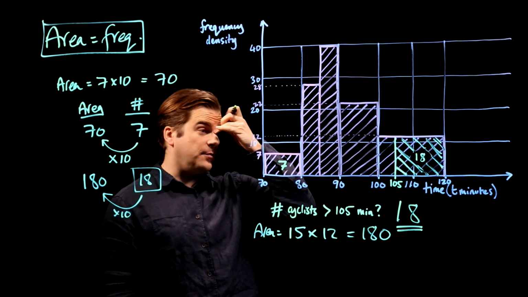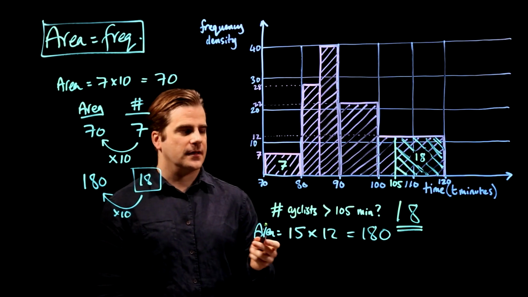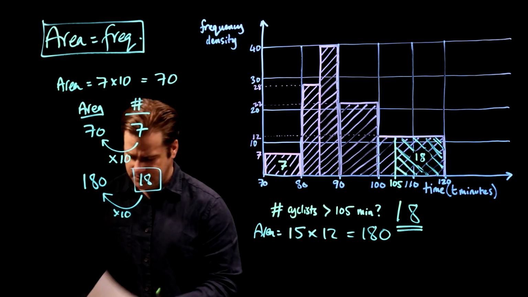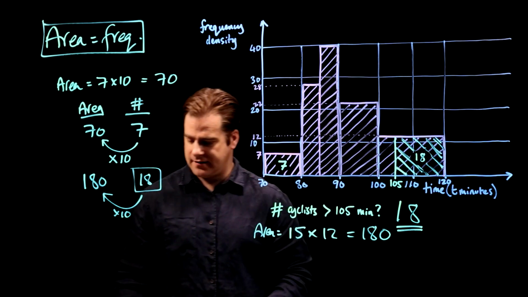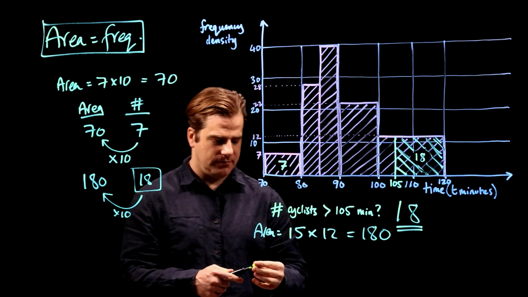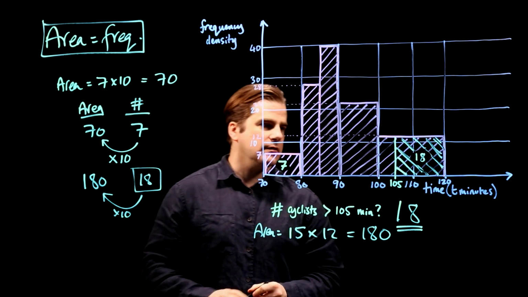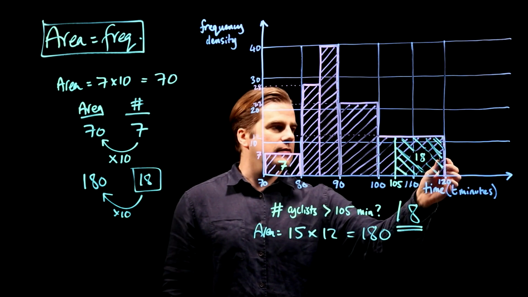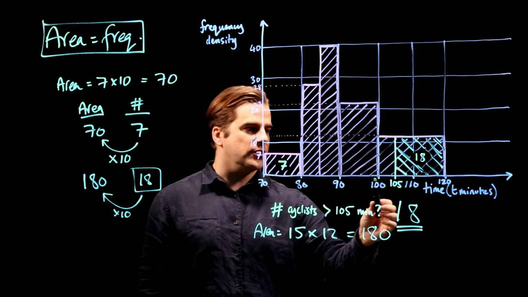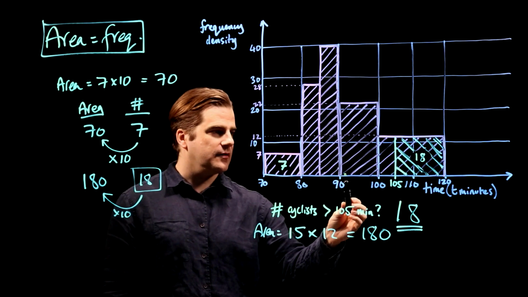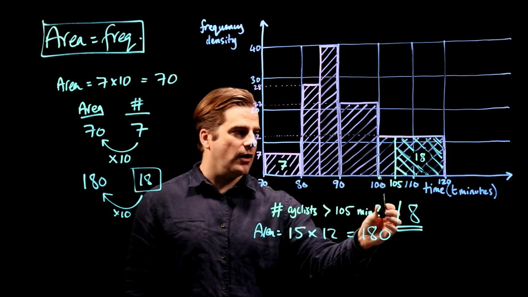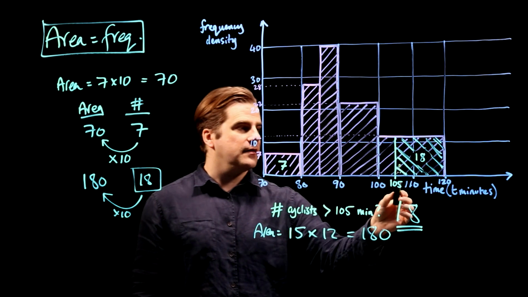Now, the final part of this question was: explain why your answer is only an estimate. Okay, well, it's only an estimate because we only know for sure how many cyclists came in between 100 and 120 minutes.